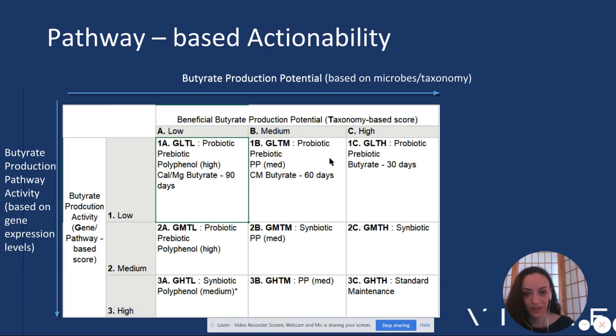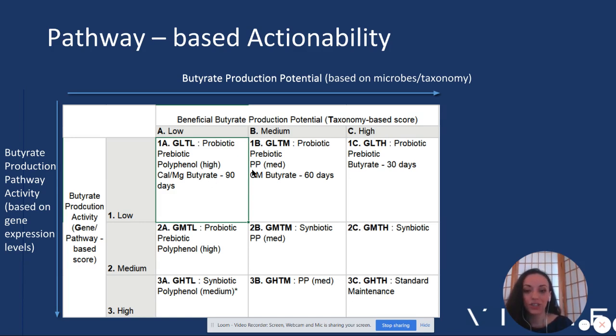What you see here, these are just internally abbreviated types of recommendations, like PPs, polyphenols, and prebiotics, and sometimes you can actually give butyrate itself. These are not to be taken literally because there are maybe other kinds of supplements that can be added, and we don't endorse any particular supplement line.